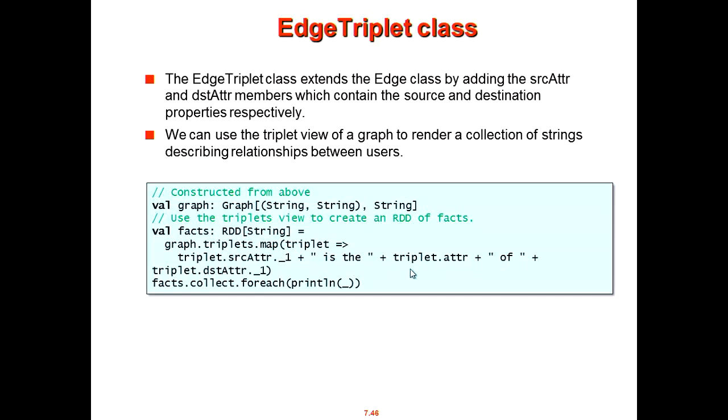Then this is the triplet attribute, remember, it's a colleague or advisor, that's a relationship, and the triplet destination attribute _1 is also the name of the node of another person. So now we can generate all the relationships, and next we print the result out. So someone is in some kind of relationship with some other person. That's our final result.